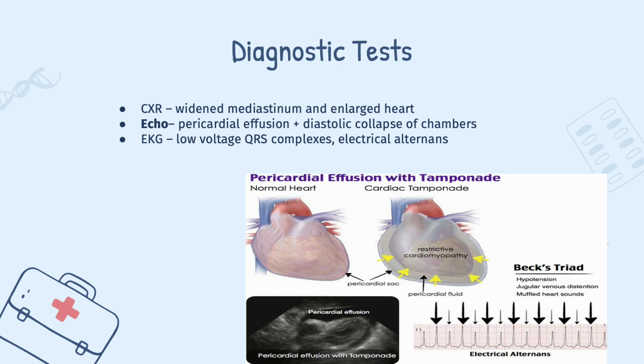On EKG, look for low voltage QRS complexes and then electrical alternans, which is an alternating pattern, one high, one low. Look for those for sure. The other thing, with the bedside ultrasound, you immediately have the ability to see what's going on with those ventricles as well as fluid accumulation.